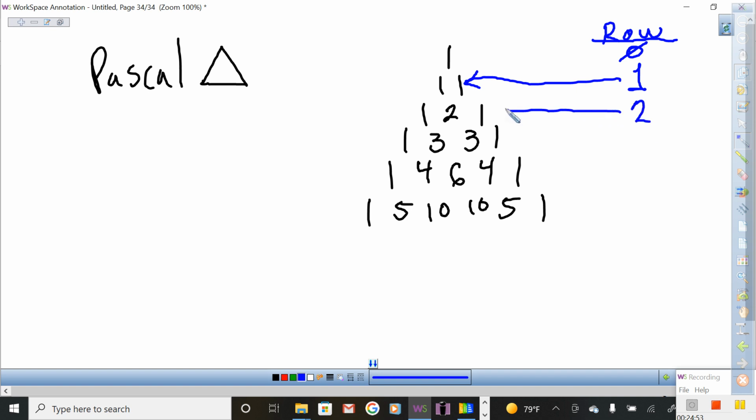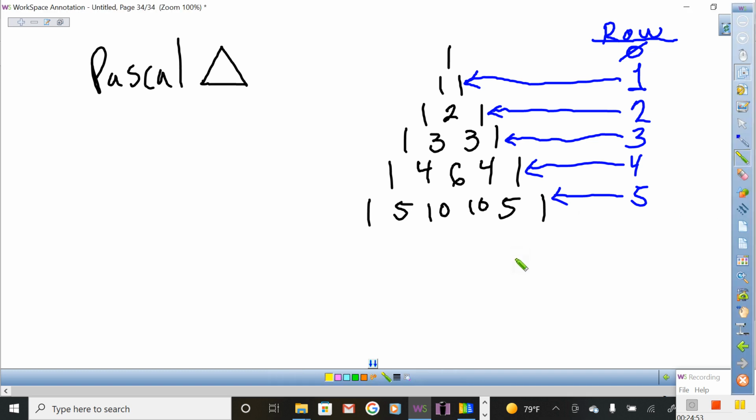Row 2 is this one. 3, 4, 5, and so on and so forth. And a way of identifying it a little bit faster is like this. Skip the first one, then this is row 1, 2, 3, 4, and 5.